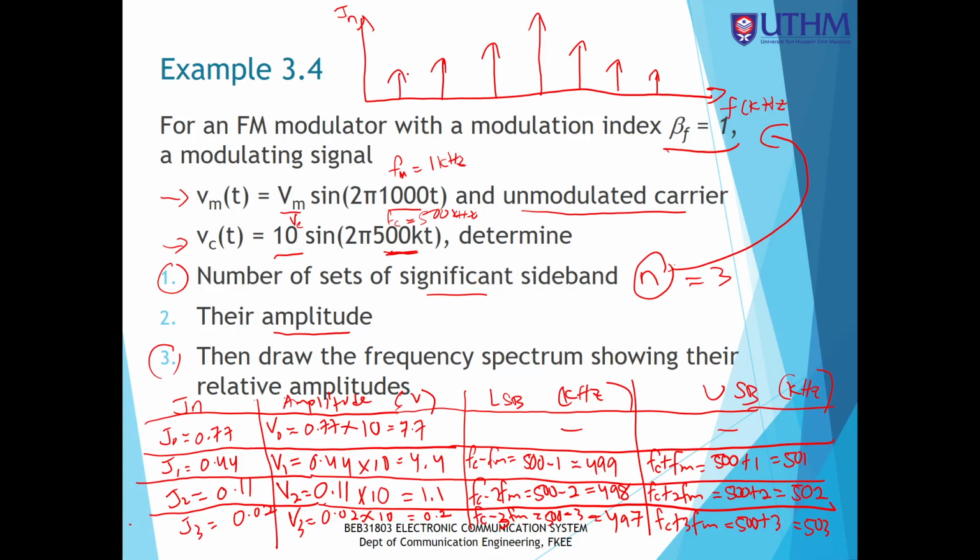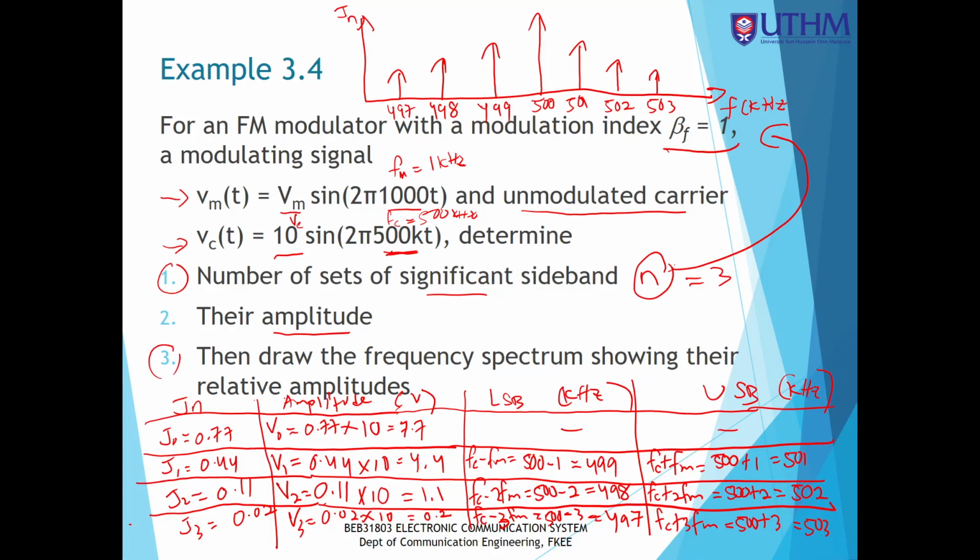If the question says relative amplitude, we can put the values here. So this is 500, 501, 502, 503, and this is 499, 498, 497.